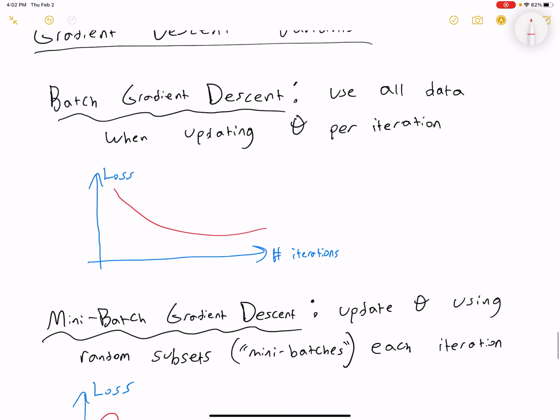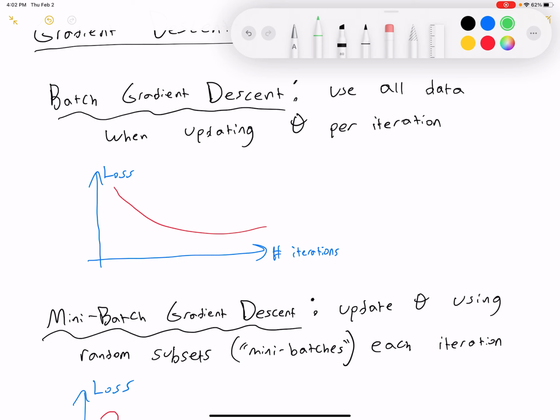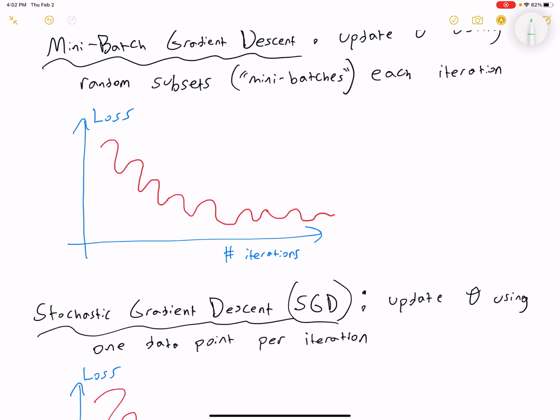So why would you use one or the other? The main con of mini batch gradient descent or stochastic gradient descent is that it does not converge. It continuously cycles.